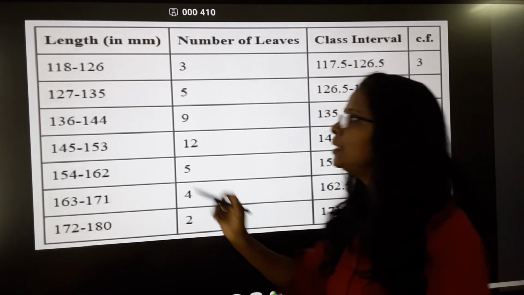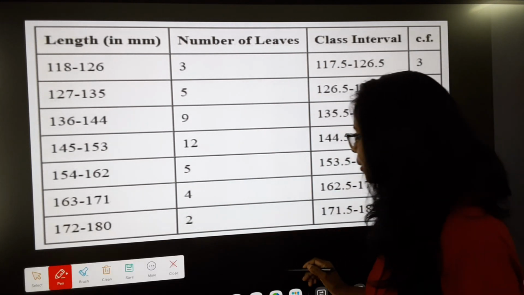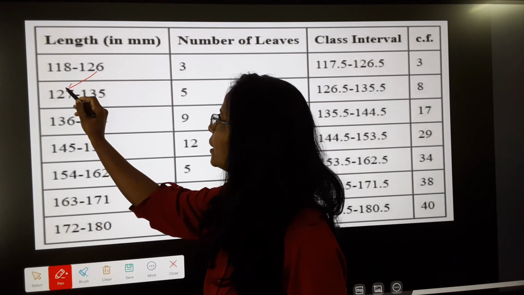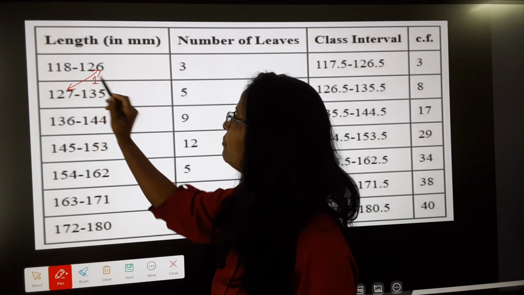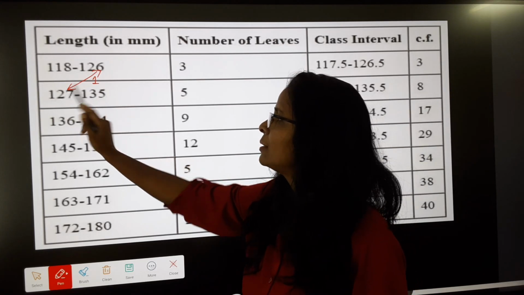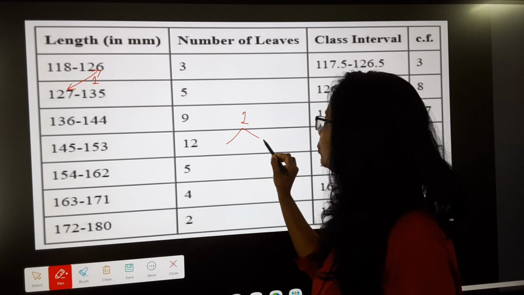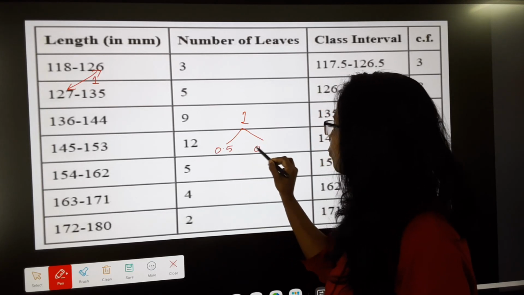Here the distance between the classes is 1. The difference between the two classes, that is the lower class limit minus the previous upper class limit, is 1. So we bifurcate that 1 into 2 parts, that is 0.5 and 0.5.